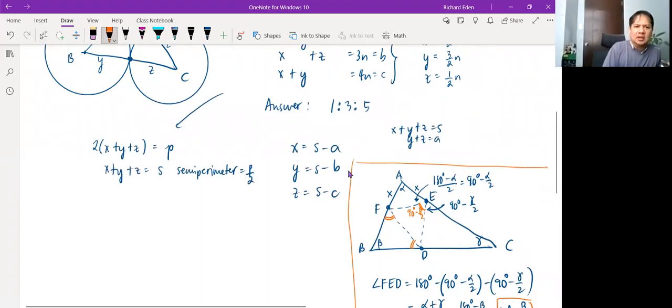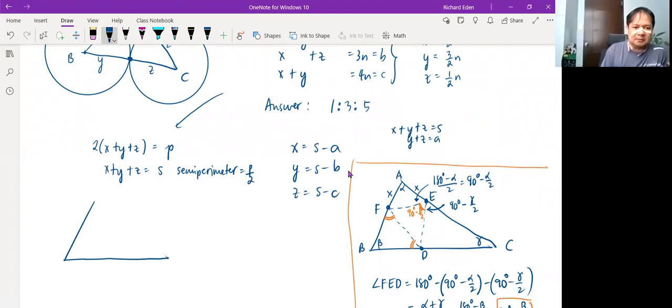Now, a consequence of the law of sines that I'd like to talk about is how we can use it to find areas. So let's say we're given this triangle, let's say this is A, B, and C. Let's draw this altitude.